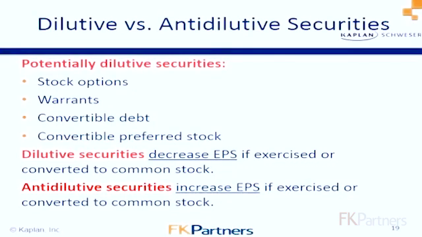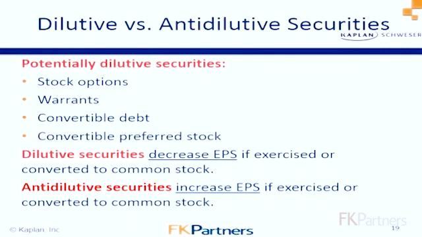If the company issues these options or warrants to employees, let's say, that they want to incentivize to stay with them over the coming years, we need to account for that in the calculation of earnings per share. Reason being, let's say that we issue a bunch of stock options to our key employees, and over time they start exercising these options.